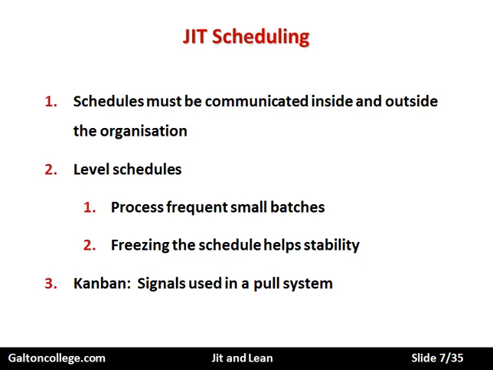It may use Kanban. These are signals used in a pull system. Now, two concepts here. One is Kanban and the other is pull system. Let's start with the pull system. The pull system means that production only takes place because customers place orders. The orders are in a sense at the end of the process.